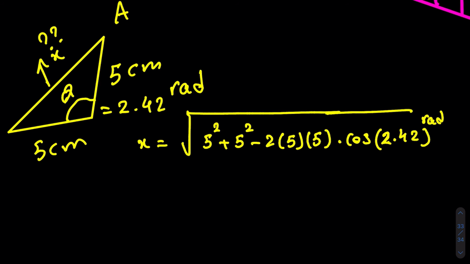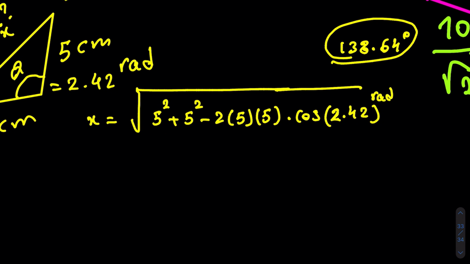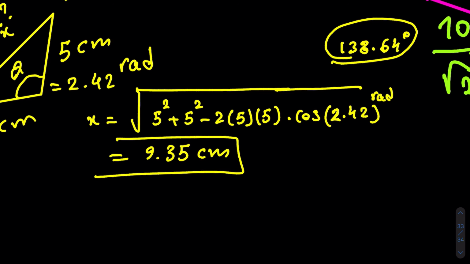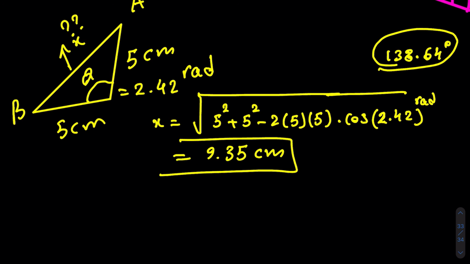So make sure this is in radians, or if you like, you can just write the value of 138.64 degrees. Okay, so by solving this, we will get the value of x, 9.35 centimeters. So this is the value of this side. Now we are done.